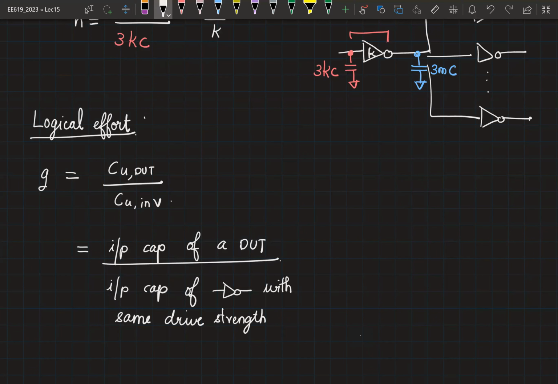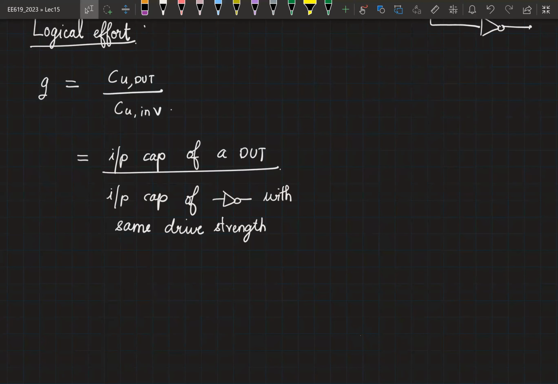So what do you think is the intuition behind having a logical effort? I mean, it comes out of the equation, but does it make any sense intuitively to pair it like this?